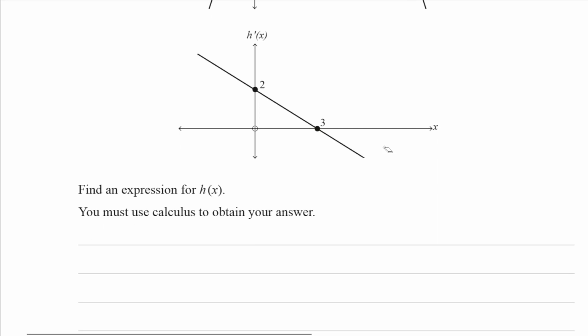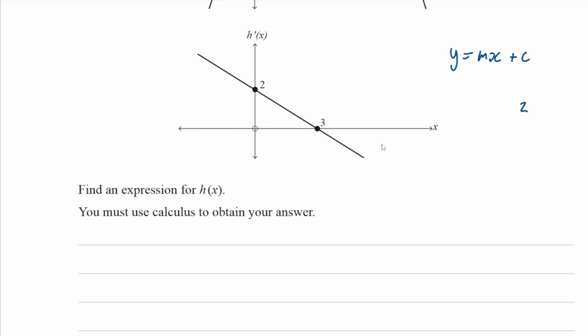Drawing our attention to h prime of x, we know it's a straight line. Wonderful. We can find the equation of the straight line. You'll remember for the equation of a straight line, y equals mx plus c, we are given the y-intercept, so c will equal 2.